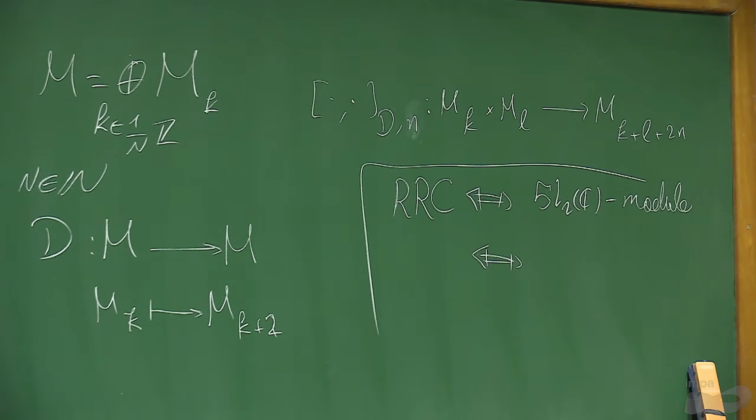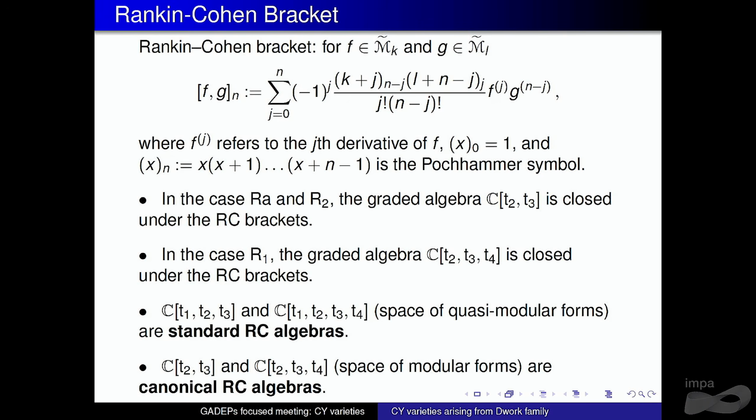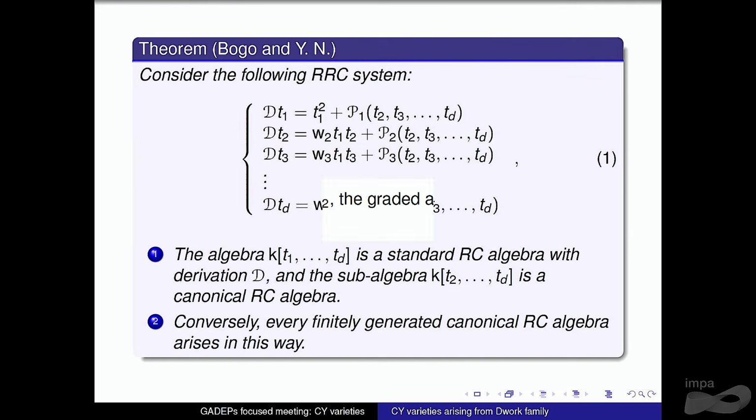Another equivalent condition is exactly coming from the Rankin-Cohen structure. And the theorem is this one. If we have an RRC system, then obviously we have a derivation of degree 2, so the whole space is a standard Rankin-Cohen algebra.